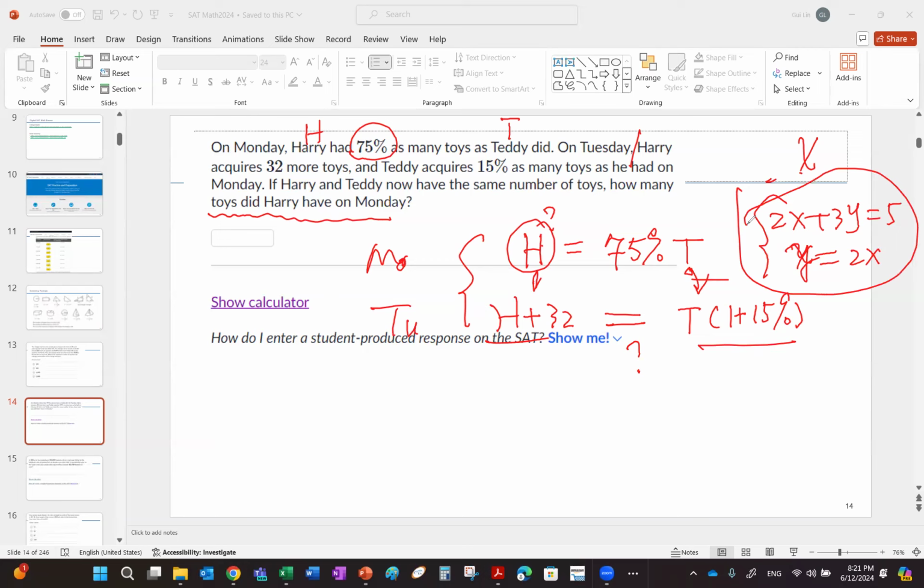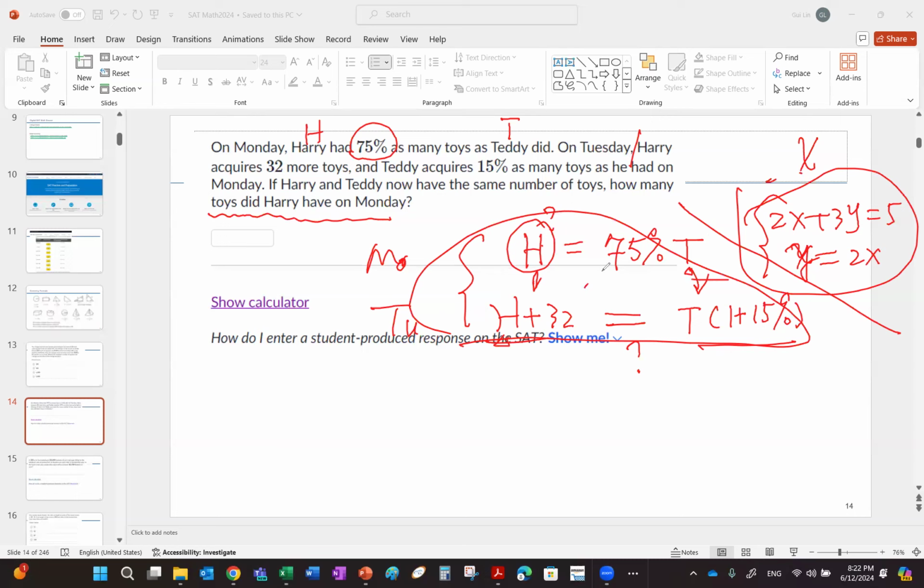This is a system of equations. In Algebra 1 we learned these kinds of questions earlier, right? Here they are transferred into a question like that. So we solve the problem and find out what H would be.